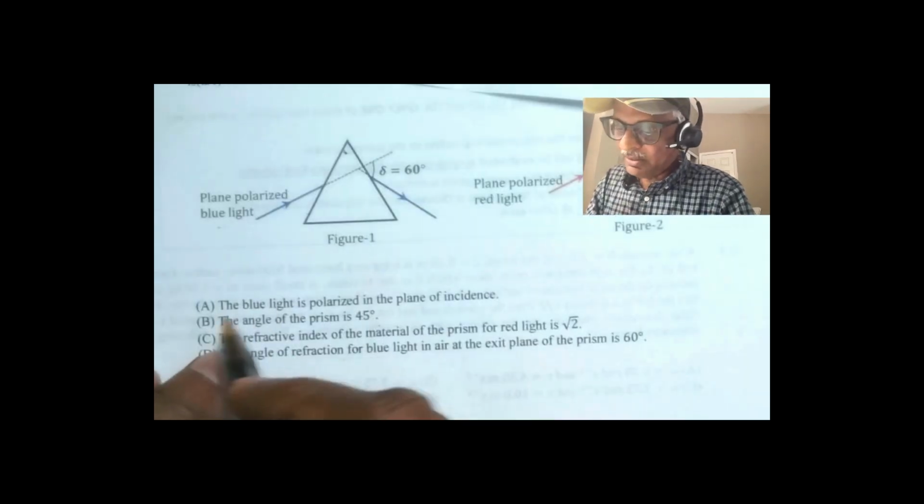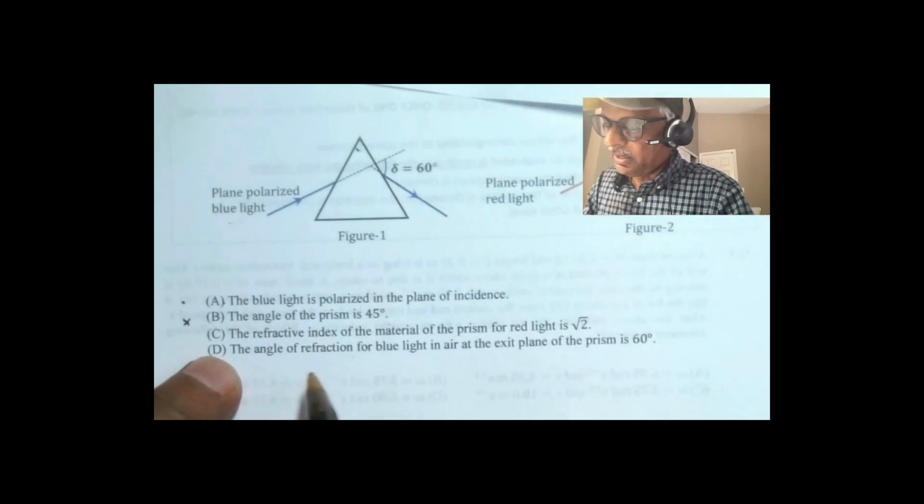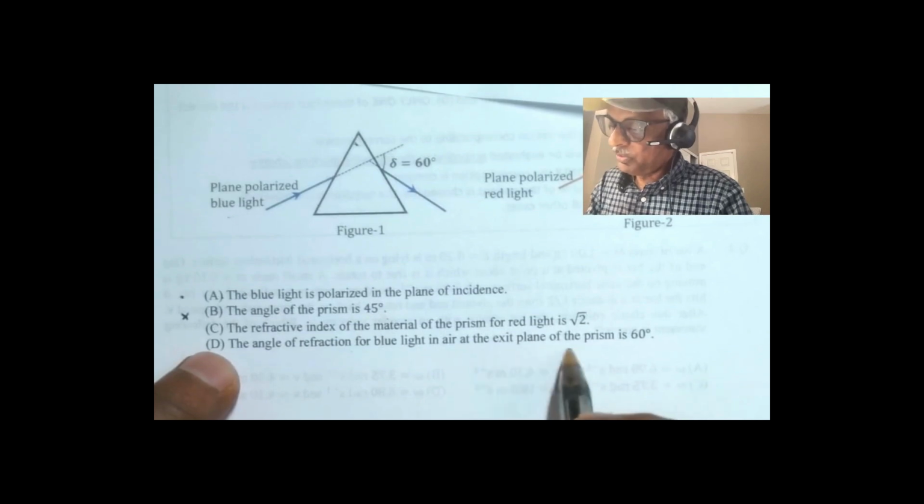So we have A right, B not right, and angle of refraction for the blue light in the exit plane. We also solved this.